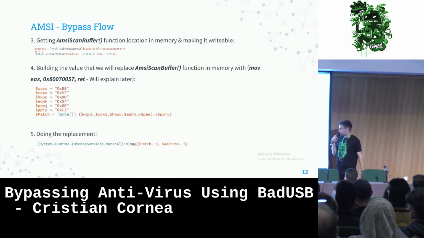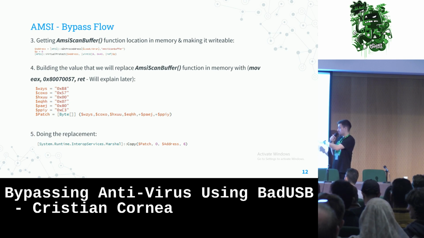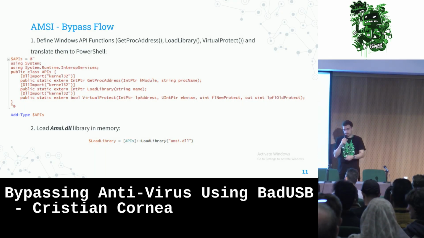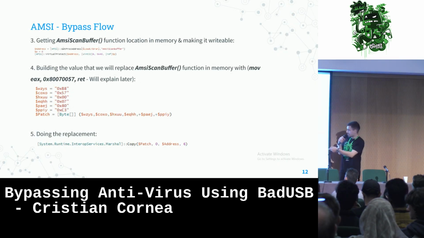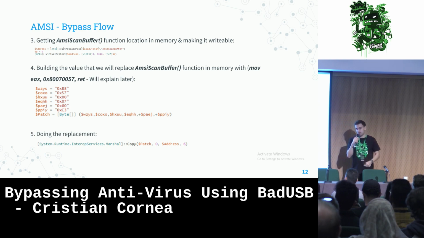Okay, the third step will be to search for the AmsiScanBuffer. As you've seen here, we loaded AMSI.dll using the LoadLibrary that we defined previously. So now we are searching for the AmsiScanBuffer function that we discussed. We need to patch it. We need to replace its return address.